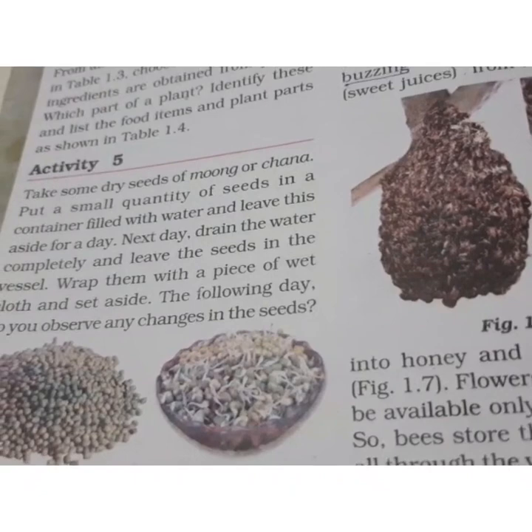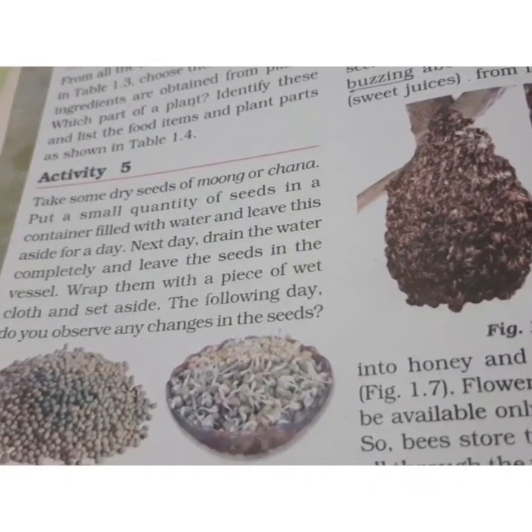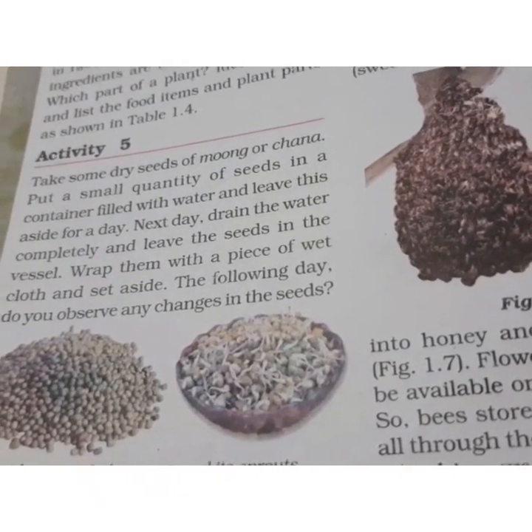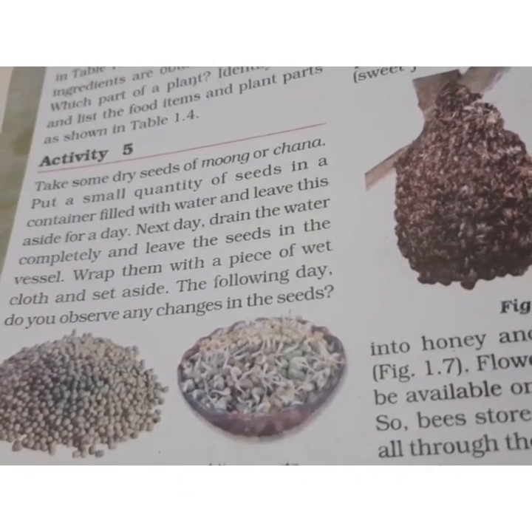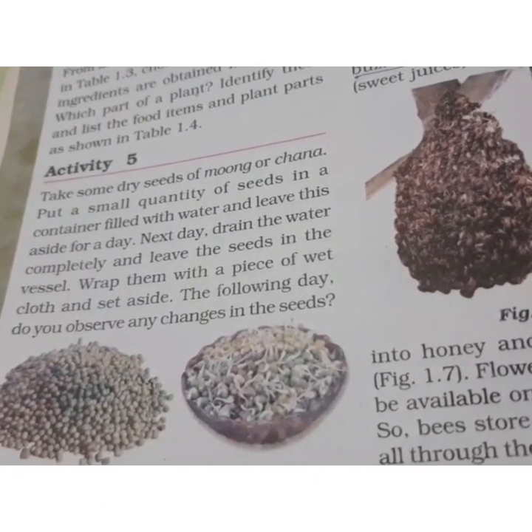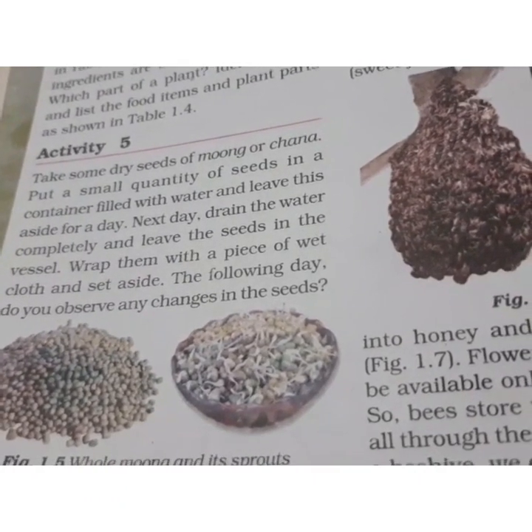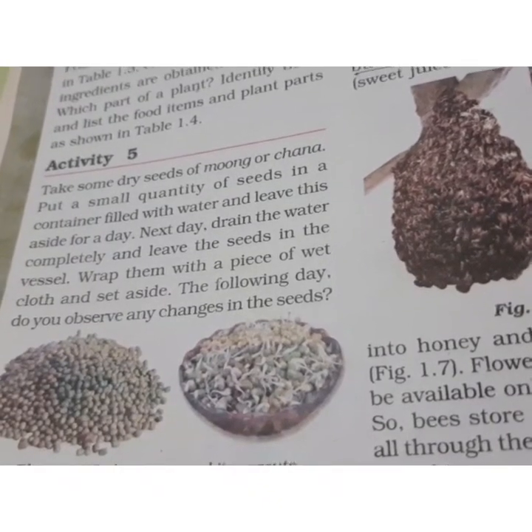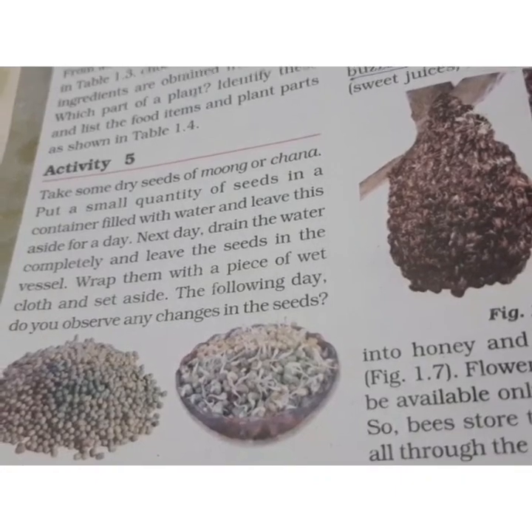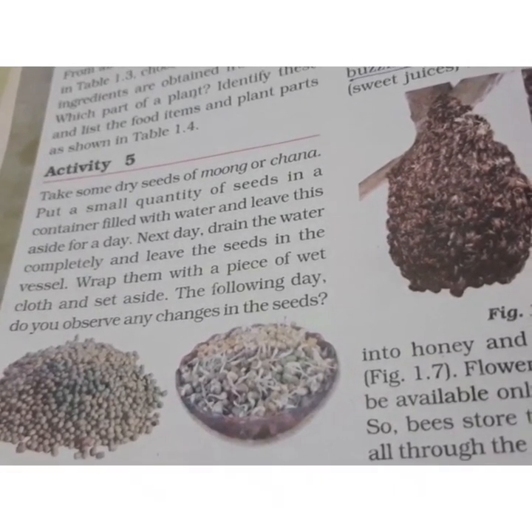So all parts of the plant are eaten as food. Cauliflower is a flower. Broccoli also is a vegetable, but it is the flower part of a plant. In the same way, potato is a stem, so we eat the stem of a plant.